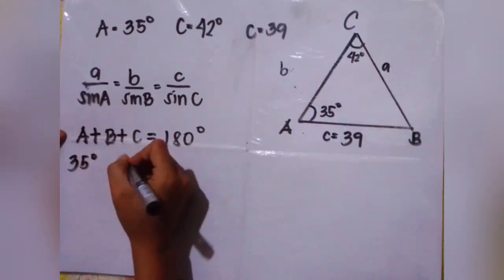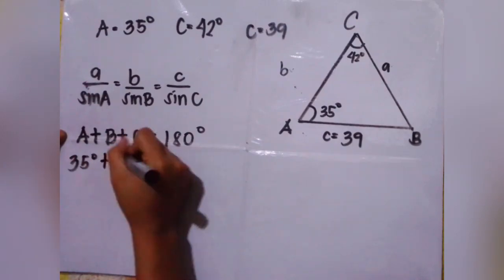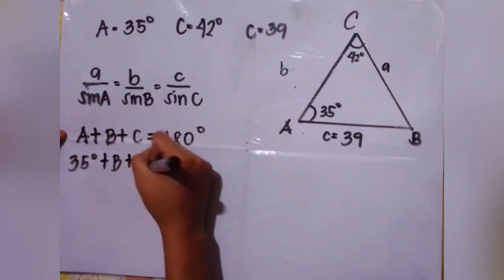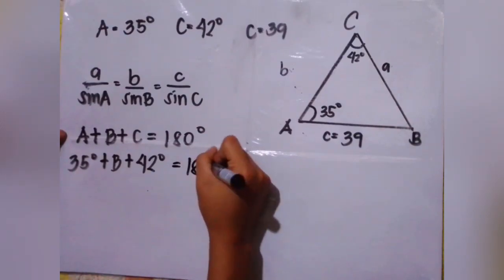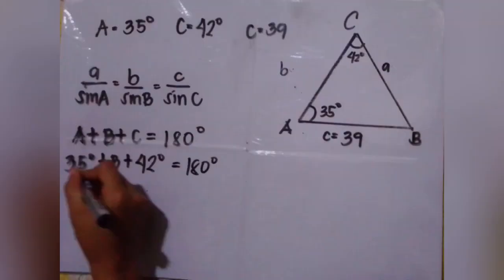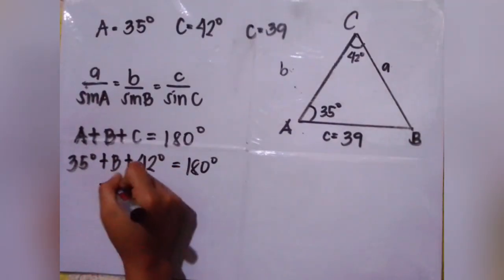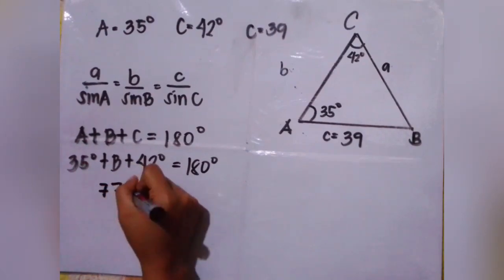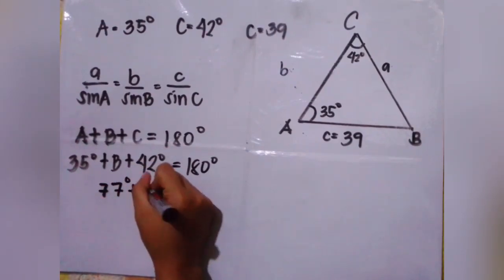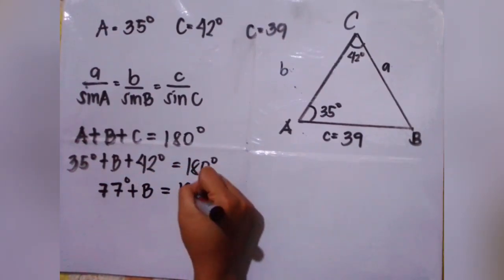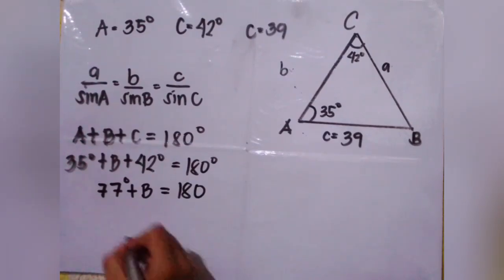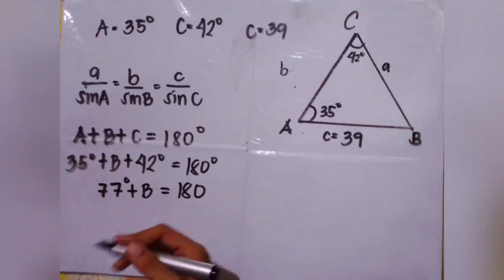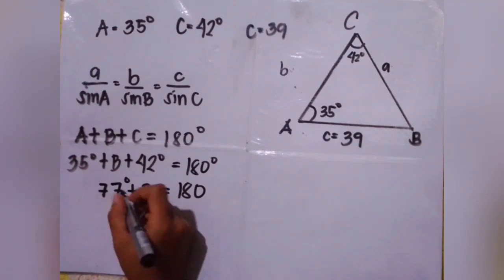Angle A is 35 degrees plus B plus angle C, which is 42 degrees, is equal to 180 degrees. Then add the values: 35 degrees plus 42 degrees equals 77 degrees, plus angle B is equal to 180 degrees. Then subtract 77 degrees from both sides.